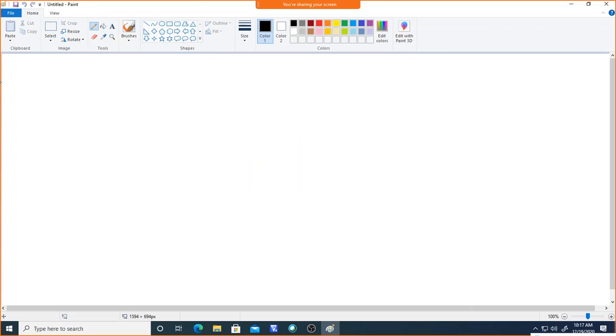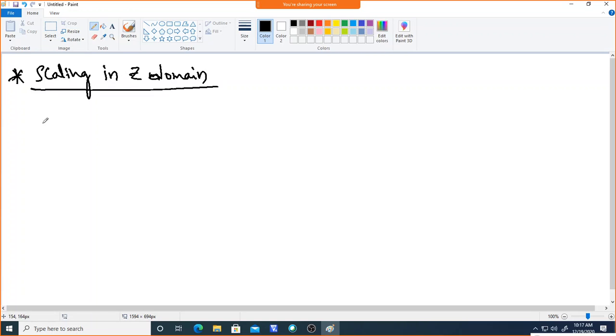Okay, now we'll go to the next property, which is called the scaling property, scaling in z domain. If we have x of n, whose corresponding z transform is x of z, then scaling in z domain means x of z by some value, say k, which is nothing but the scaling.